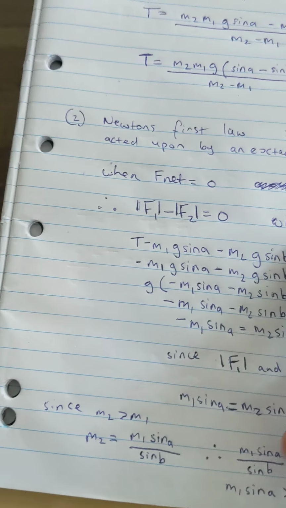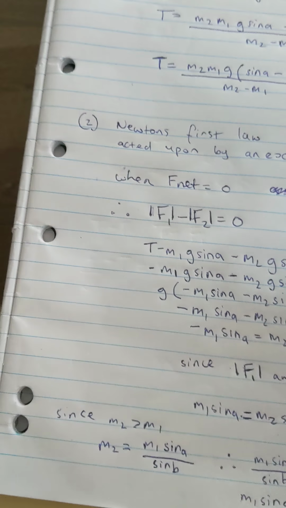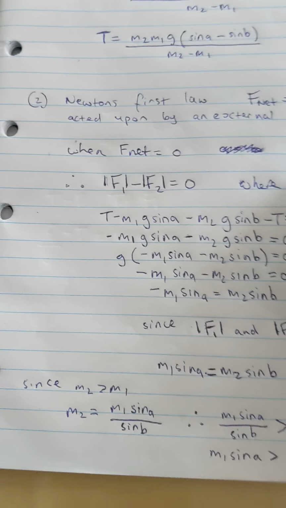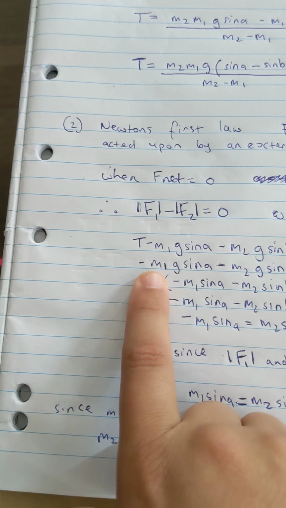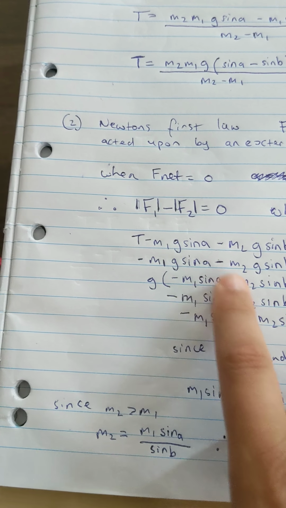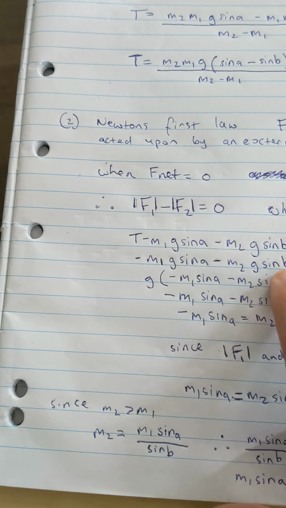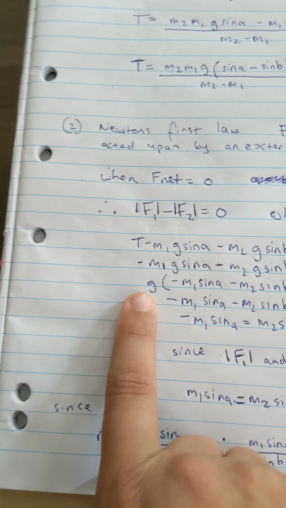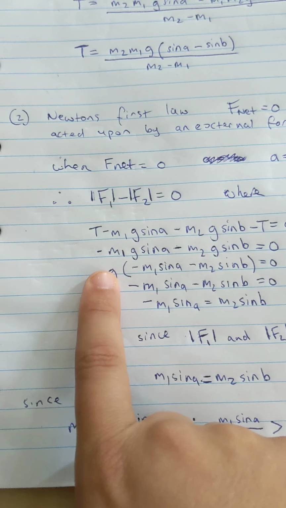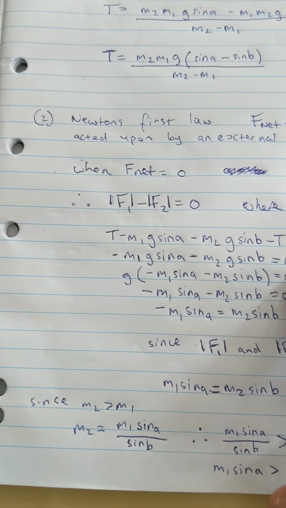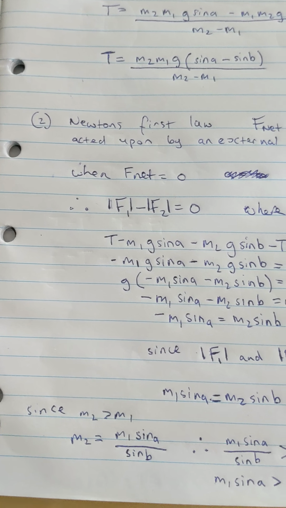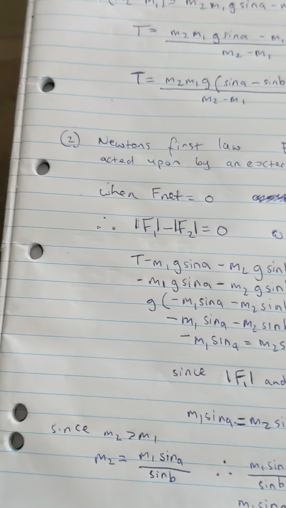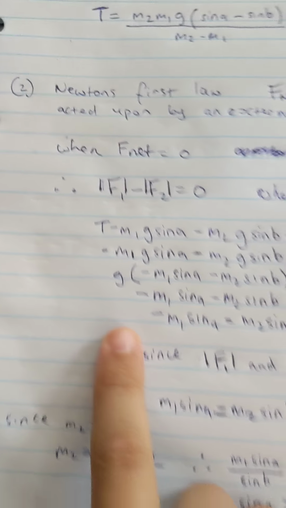We can cancel out the T's because they'll always cancel when we subtract. We're left with negative mass 1 gravity sine alpha minus mass 2 gravity sine beta. Taking out the constant gravity, we can divide 0 by gravity, and dividing 0 by something equals 0, so that's discarded.